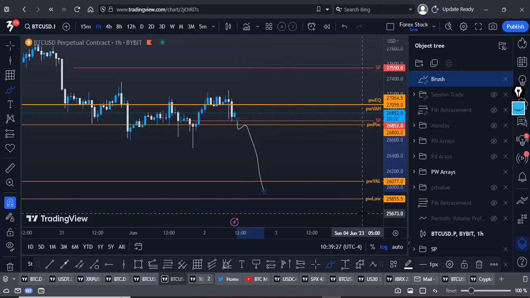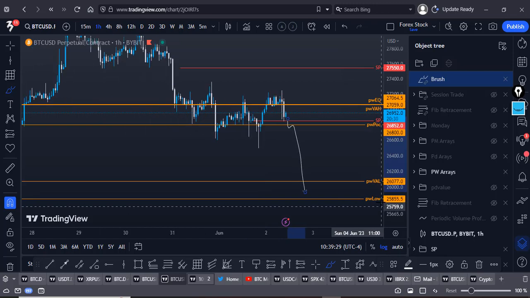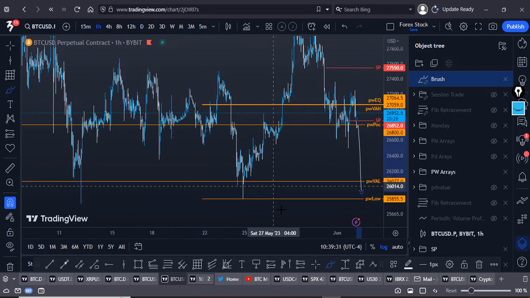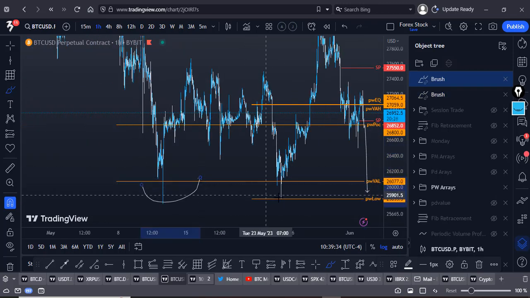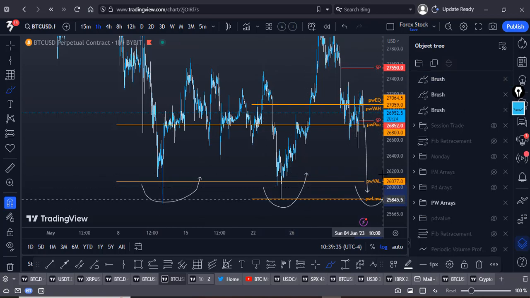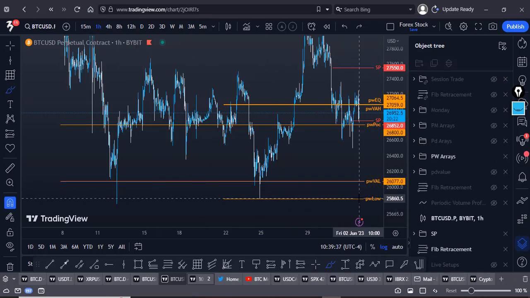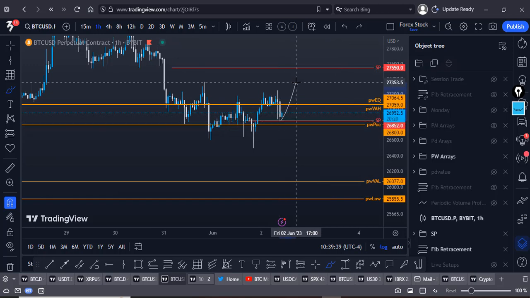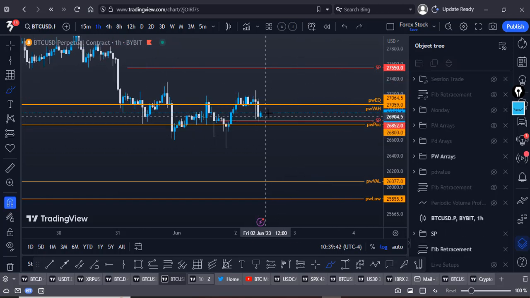So basically, the previous weekly POC is really a key zone for us. Bulls need to protect it and stay above it. If we go below, then there's going to be a three bottom structure. And if we are protected, then we are good to go to the upside.